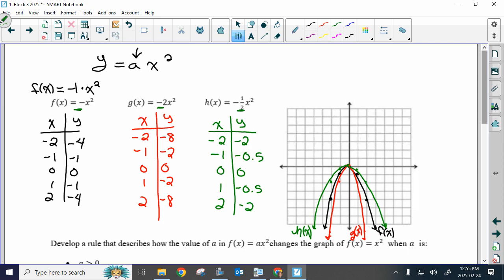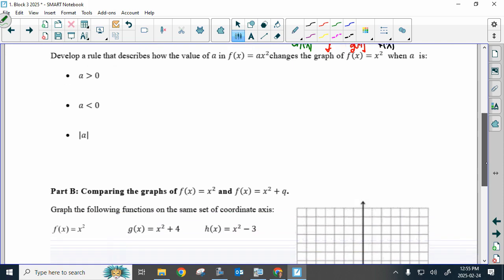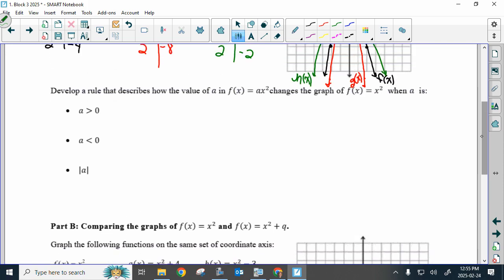What math language do you use to describe that change? If we're opening up and then opening down, we would describe that as a reflection across the x-axis. You guys see that? It's a reflection across the x-axis.